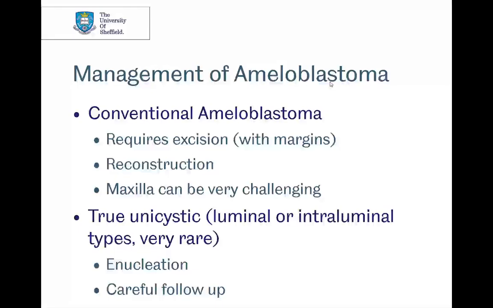So what do you do with an ameloblastoma? Well, for conventional ameloblastoma, particularly the large ones, they need to be excised with margins in order to minimize recurrence. As you can imagine, these patients tend to be quite young, and so that is going to be very destructive.